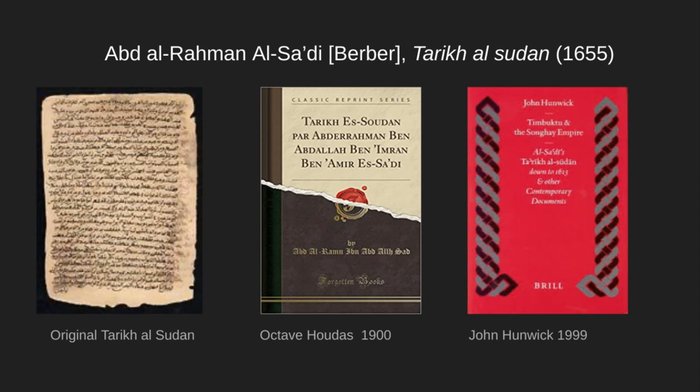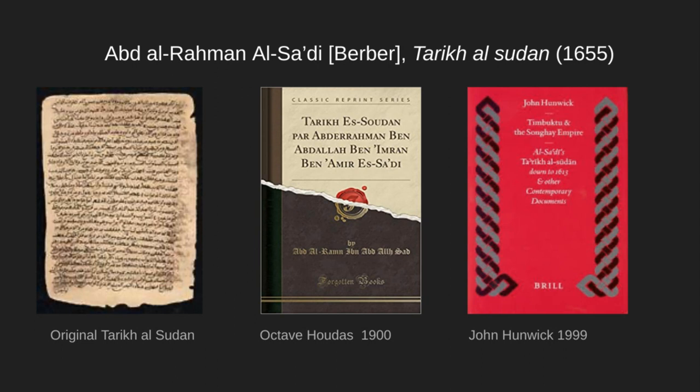Now, the original, you can see there on the far left, the original Tariq Al Sudan written in Arabic. You can see the Houdas version of it that appeared in 1900 in French, and then John Hunwick, the great scholar I mentioned earlier, published an English language translation of the Tariq Al Sudan in 1999.